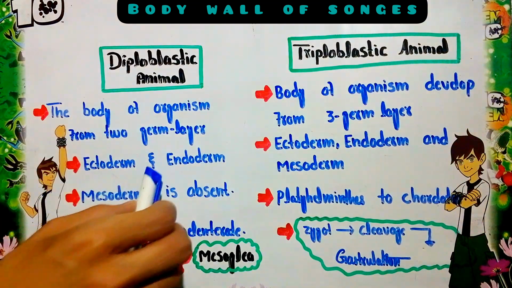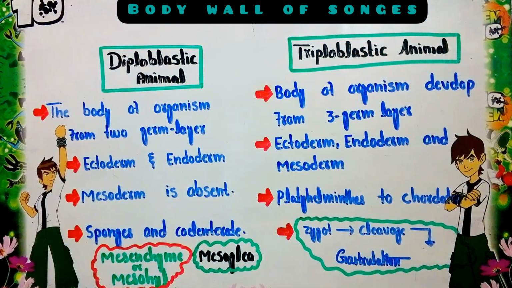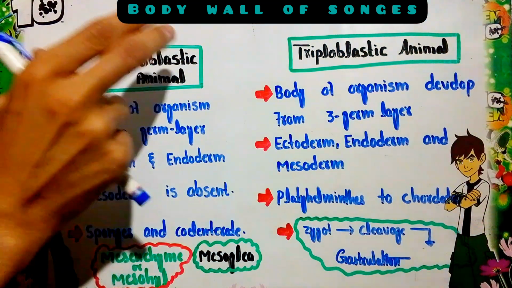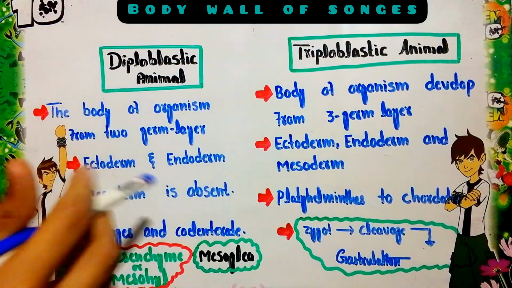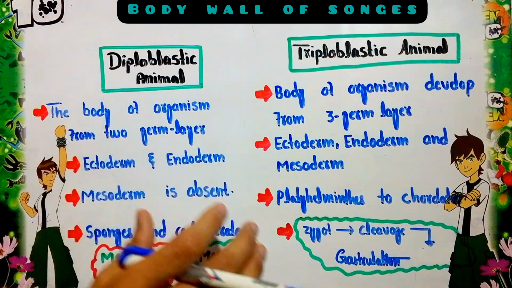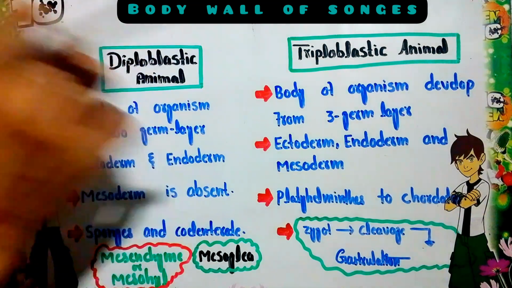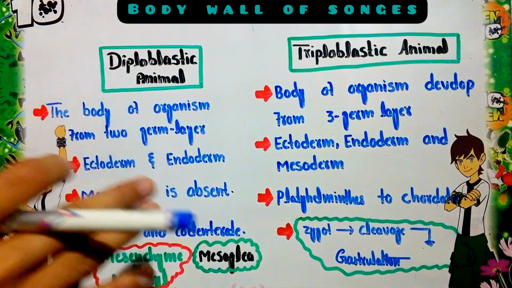The layer found between the ectoderm and endoderm is called the mesoderm, and in diploblastic animals the mesoderm layer is absent. Examples of diploblastic animals are sponges, meaning phylum Porifera, and phylum Cnidaria. So these two phyla are diploblastic animals. The body of these animals is formed from the ectoderm and endoderm, while the mesoderm is absent in these organisms.